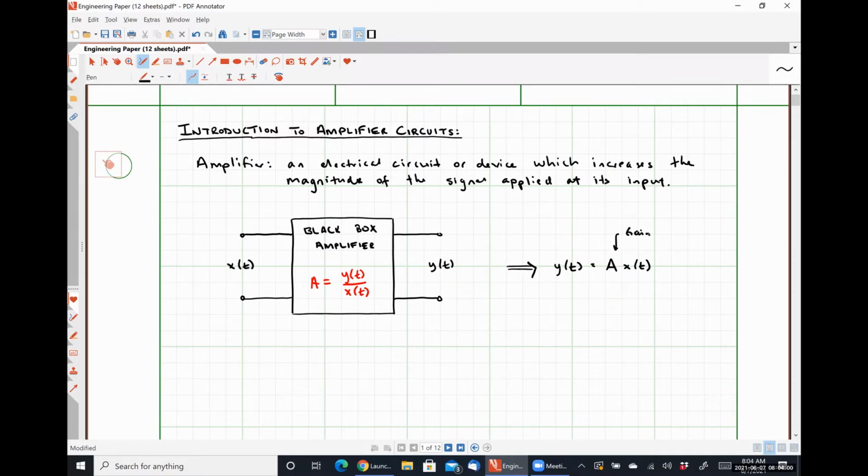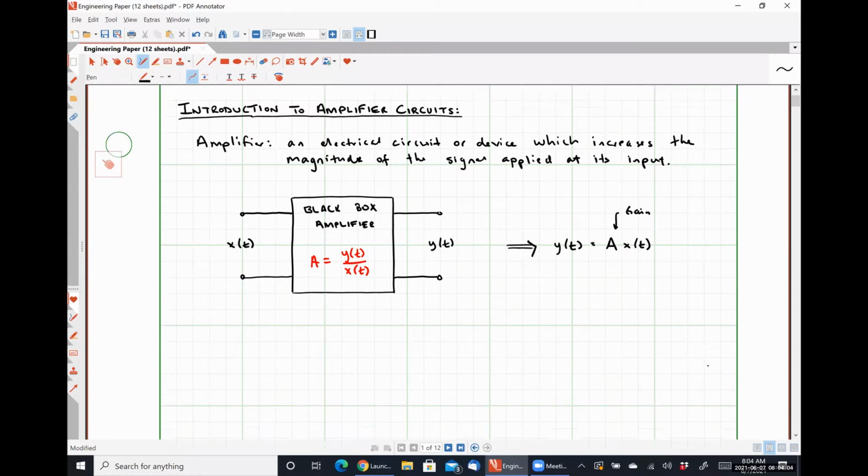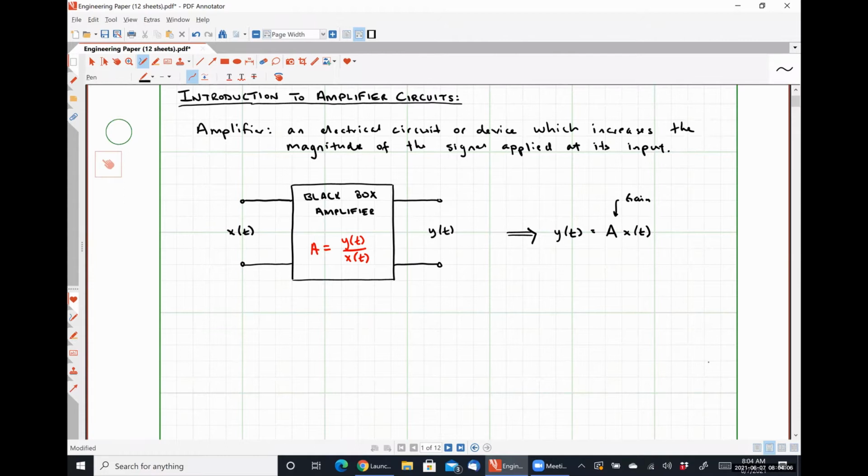Okay. Another way that we'll commonly see amplifiers represented is using a functional block diagram method. And so that's just going to look like this, where amplifiers are typically represented by triangles.